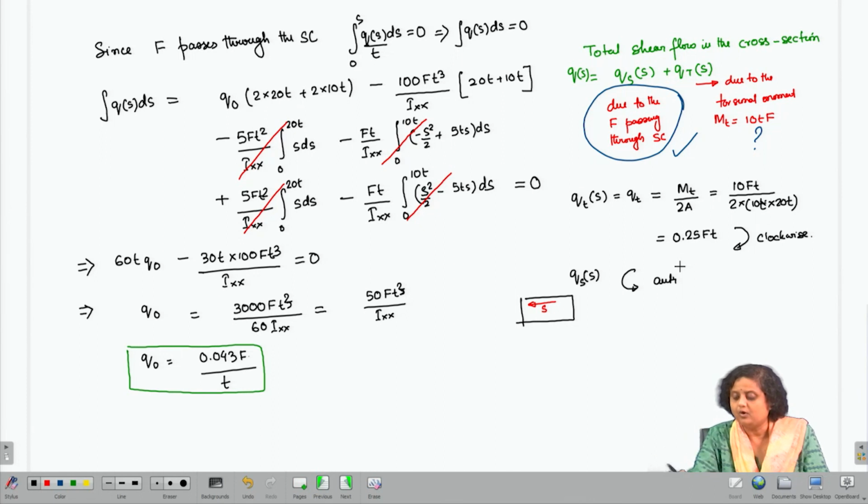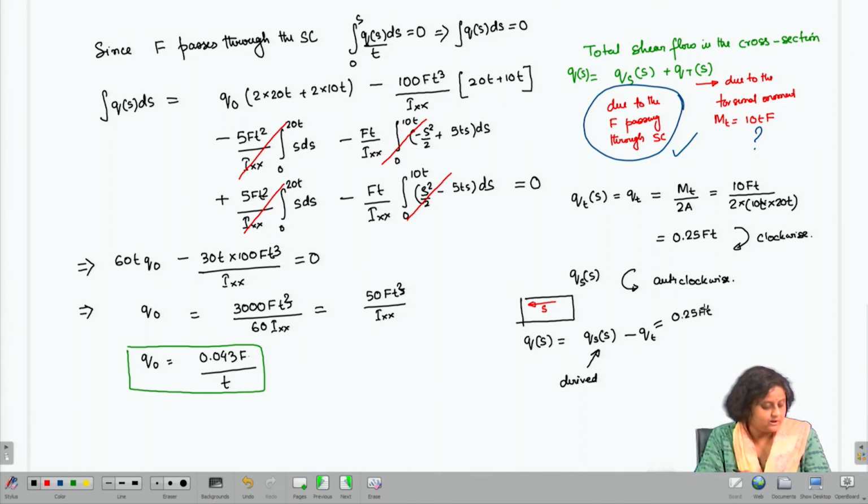So, the total shear flow QS is going to be QSS as we have derived minus QT, and QT is going to be 0.25 F by T. Therefore, we can find out the total value of the shear flow.